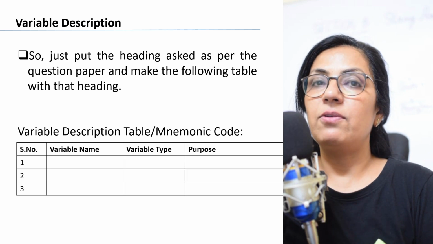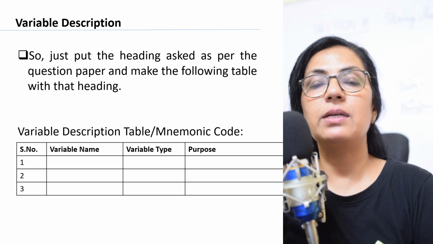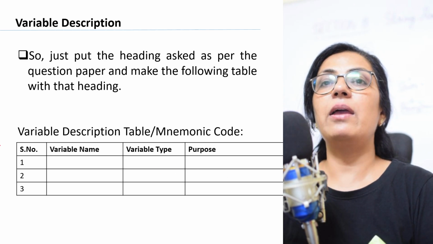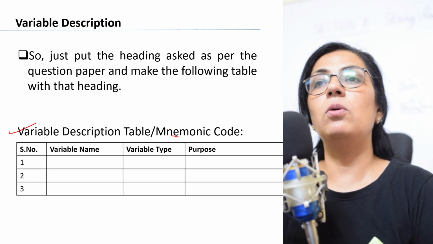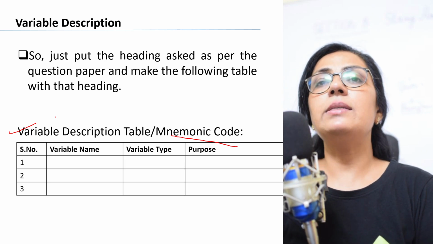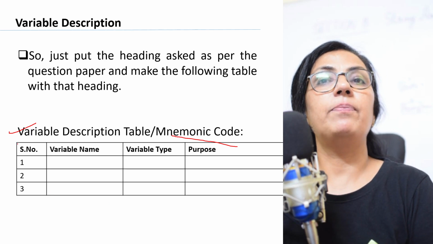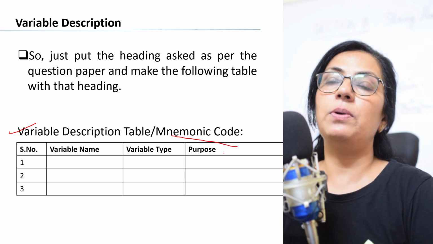Like if it says variable description, you put the heading variable description. If it says mnemonic code, put the heading mnemonic code, right? Like this I have mentioned here: variable description or mnemonic code or pseudo code or list of variables, whatever it is. And below that you will make this table: serial number, variable name, variable type, and purpose.